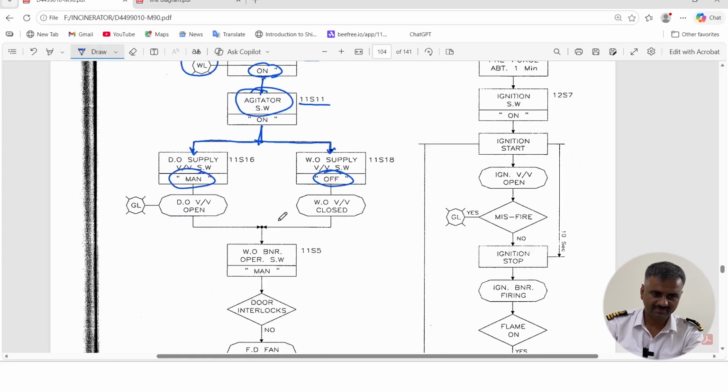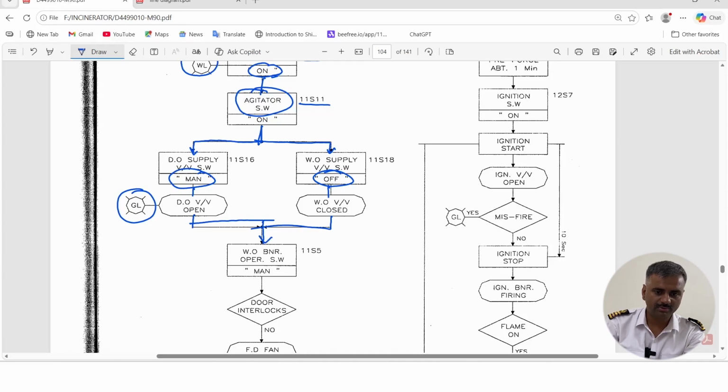So now the diesel oil supply valve will open and the green lamp will glow. In that case, the waste oil valve will be closed.